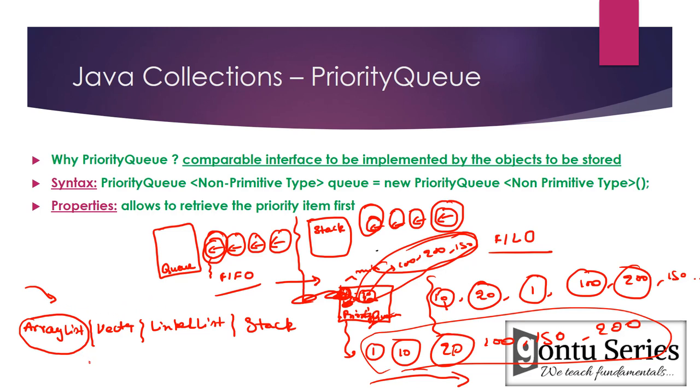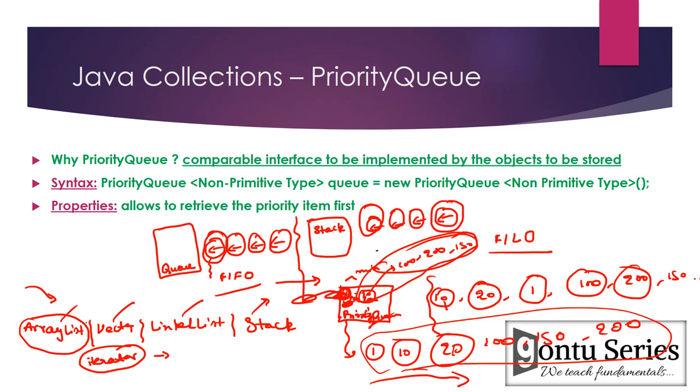So when you use an iterator over an ArrayList, over a vector, or over a linked list, or even over a stack, I didn't show you how to use an iterator over a stack, but you can always use one. The idea is, whenever you use an iterator on any of these Java collections, it's going to give you the records the way you have added them.